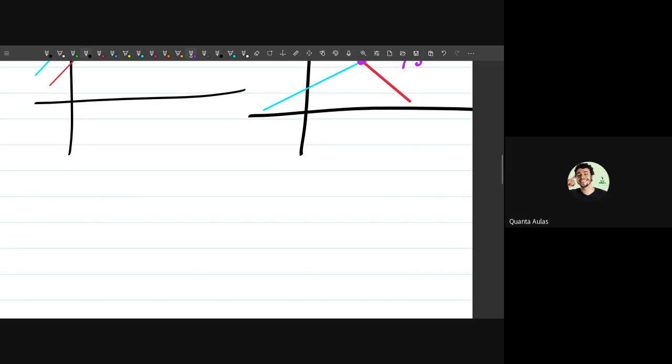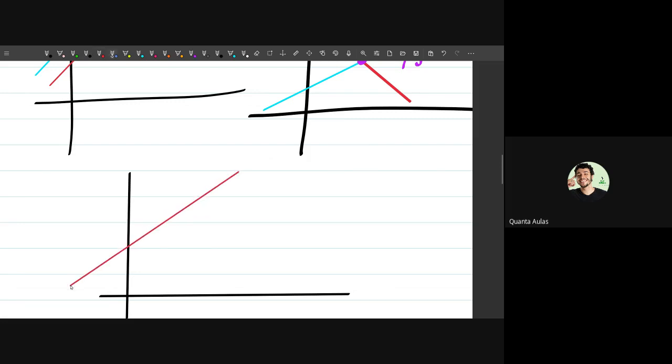The third situation is the strangest, because we have a line and we have another line, but the lines are the same, okay? This situation can be possible with equations that are multiples of each other or equal.